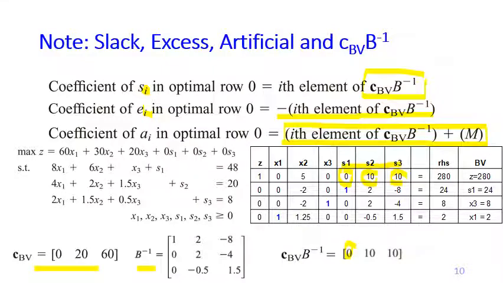For example, E2 is the excess variable for the second constraint, E3 is the excess variable for the third constraint, and A4 is the artificial variable for the fourth constraint. Then you follow this formula to read the elements of CBV B inverse to infer the values of those variables in optimal row 0.